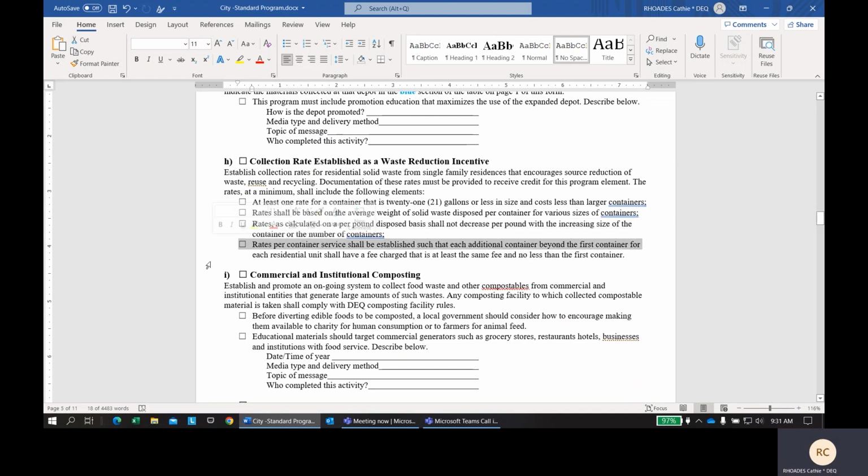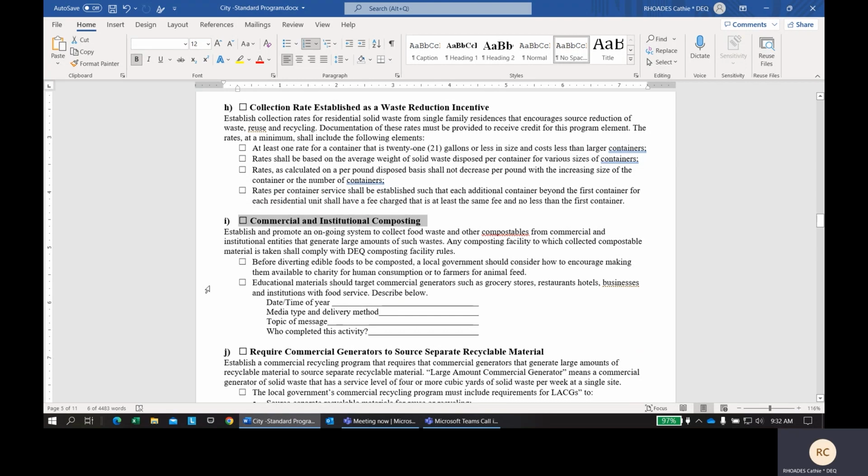Lastly, rates per container service shall be established such that each additional container beyond the first container for each residential unit shall have a fee charge that is at least the same fee and no less than the first container. So this program would not qualify if you just have different sizes of containers that have different prices. It does require that you do this weight-based study showing the average weight of solid waste disposed per container.